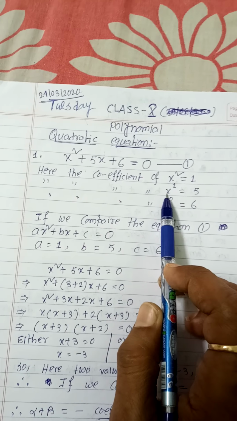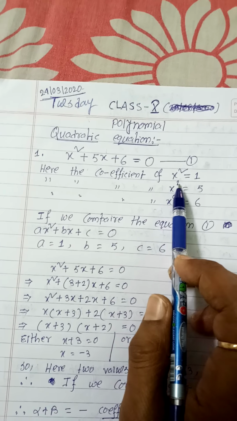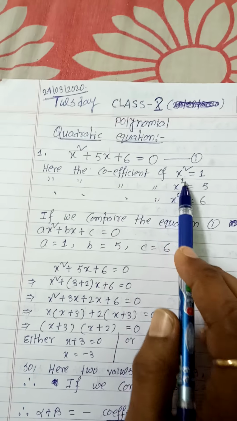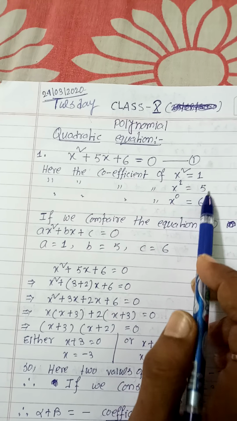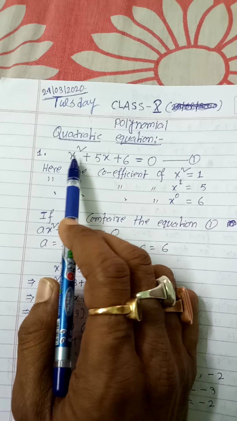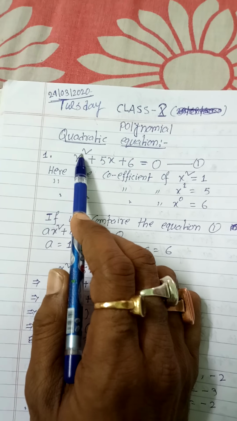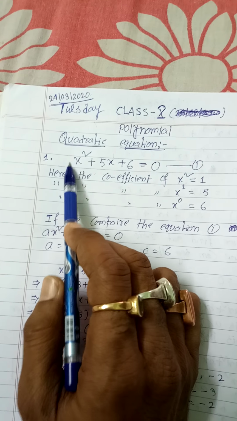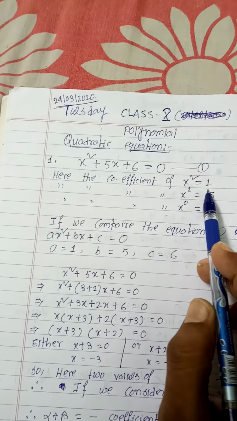We know exponents and powers, so here only x means x to the power 1. The coefficient of x to the power 1 is 5, because when we write the coefficient we always write it with its sign. For x square there is no number, so we consider 1, and we write 1.